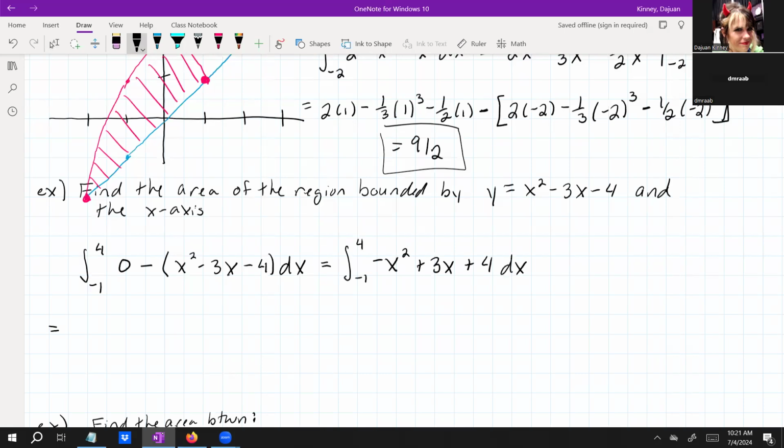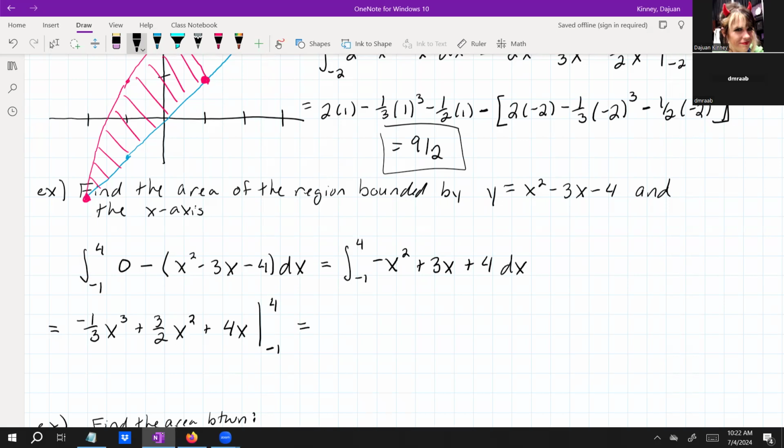Which is going to give me -1/3 x cubed plus 3/2 x squared plus 4x from -1 to 4. All right. I am just going to plug this in.